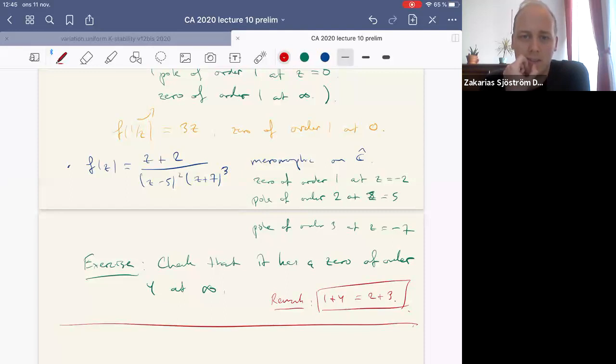One, two, three, four, five. So we have 7 votes. And the remaining people, any vote? Okay, so it seems kind of overwhelming that people prefer the iPad, I would say.